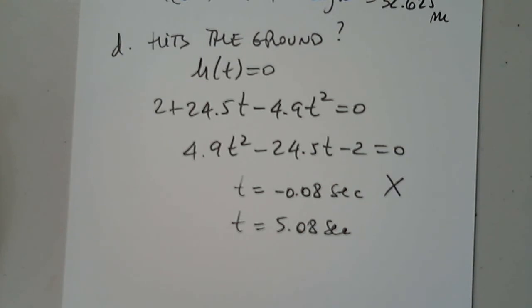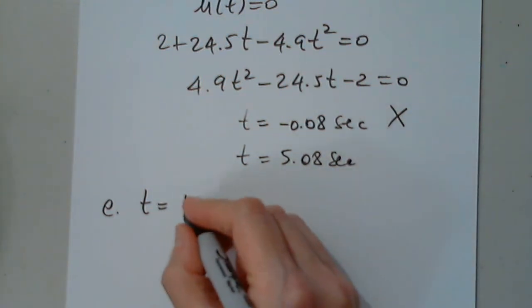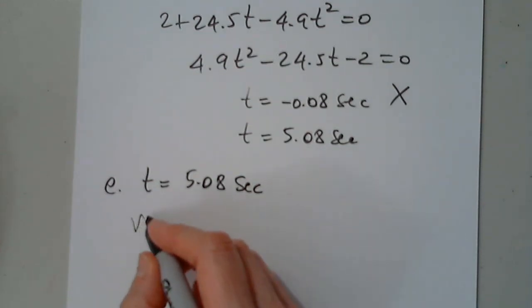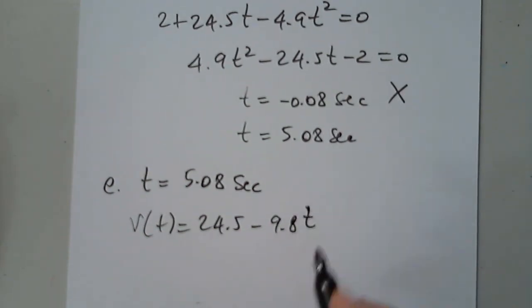Okay, good. When does it hit the ground? We know at 5.08. With what velocity does it hit the ground? How do I determine that? I have the velocity function and I know when it hits the ground. I have the time, 5.08 seconds, and I have the velocity v of t, 24.5 minus 9.8t. So they're asking us, what is the velocity?